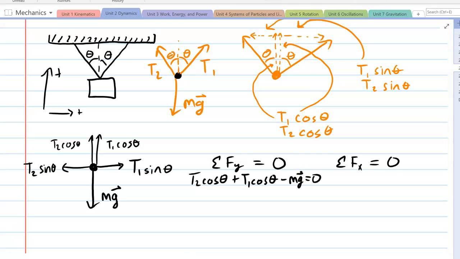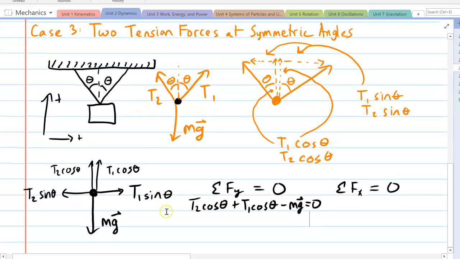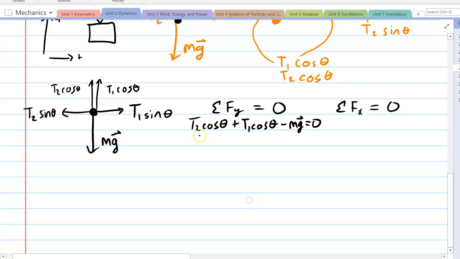In other words, for right now we can actually say these are the same tension forces because they are symmetric, but it's usually helpful to separate them. But I'm going to actually combine them now. So this is actually 2T cosine theta minus mg equals 0.